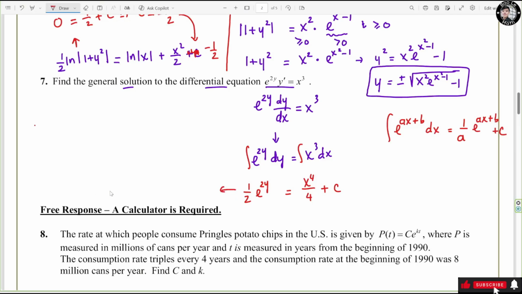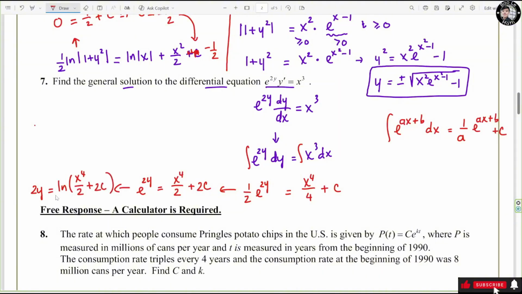So I have e to the 2y equals s to the 4 over 2 plus 2c. Now I'm going to take the natural log of both sides. So this becomes 2y equals natural log of s to the 4 over 2 plus 2c.